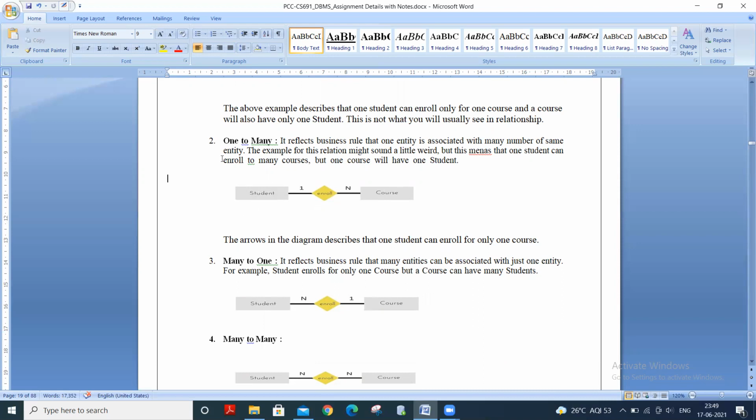So this is a type of one to many. And when many students enroll for one course, like many students enroll for the BTech, this is many to one. So one to many reflects the business rule that one entity is associated with many of the same entity. The example for this relationship might sound a little weird, but this means that one student can enroll in many courses, but one course will have one student.